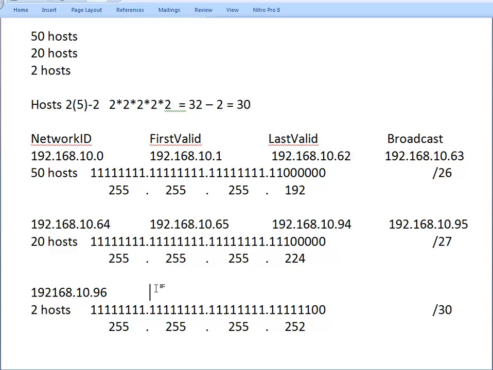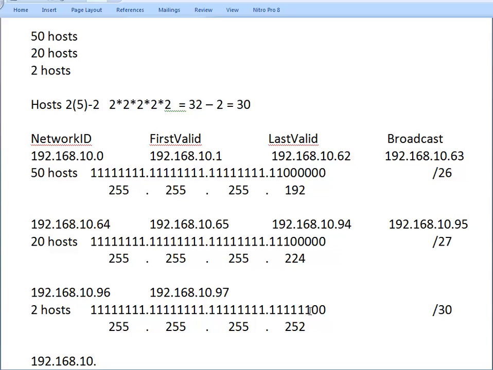So the first network ID will be 192.168.10.96. Network ID plus 1 is the first valid address, so the first valid address is 97. Now to find the last valid address and the broadcast, it's better if you find the next network ID. So 192.168.10.